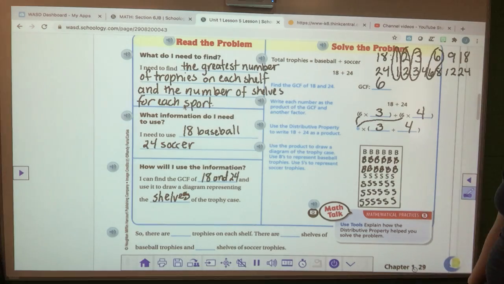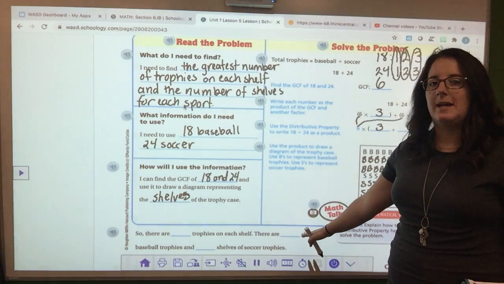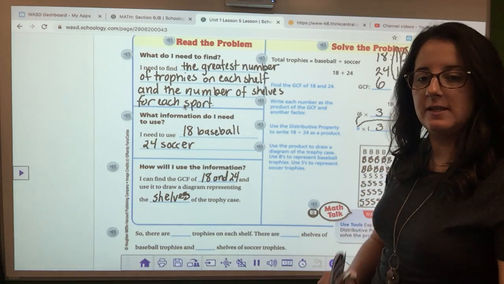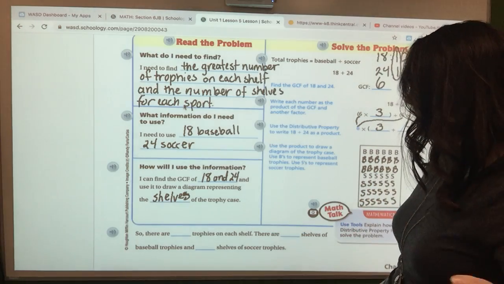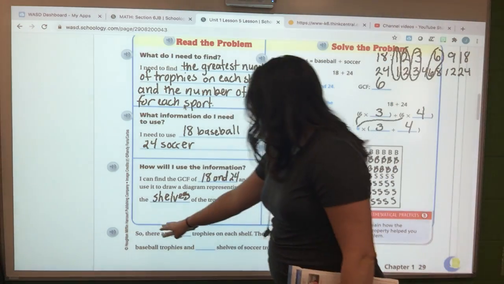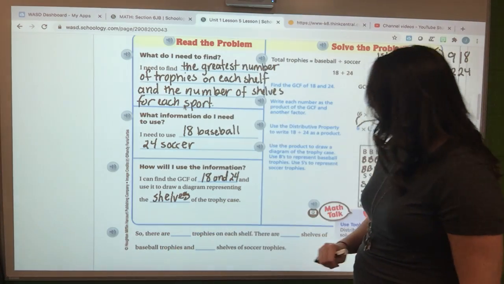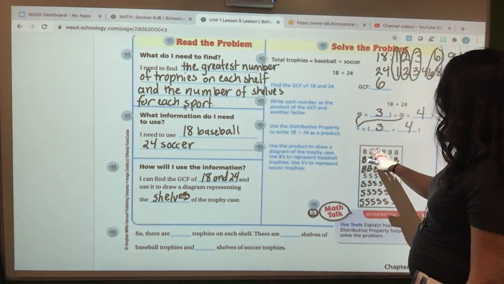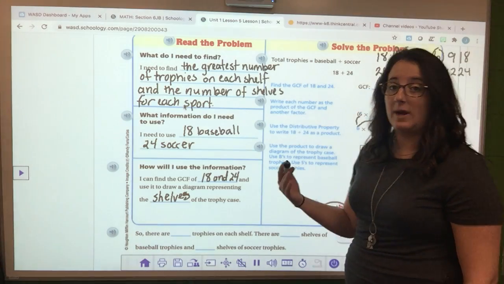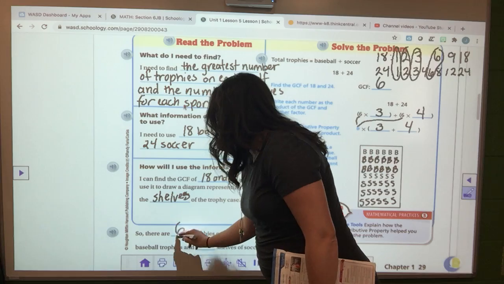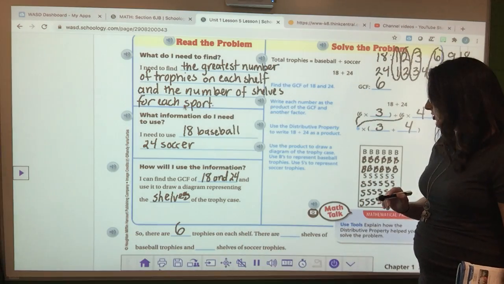So that's what your graphic organizer would look like. Then down here at the bottom, hopefully you can see this, is the most important part. Tip my computer down just a little bit. So there are blank trophies on each shelf. If you need to go back and count, 1, 2, 3, 4, 5, 6. It's the greatest common factor that we found. 6 trophies on each shelf.